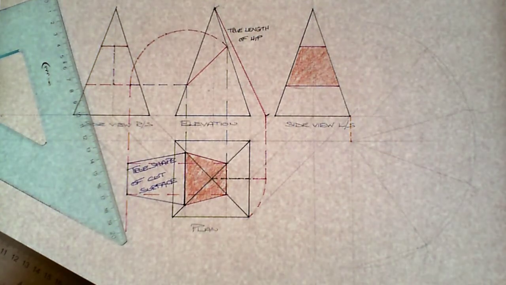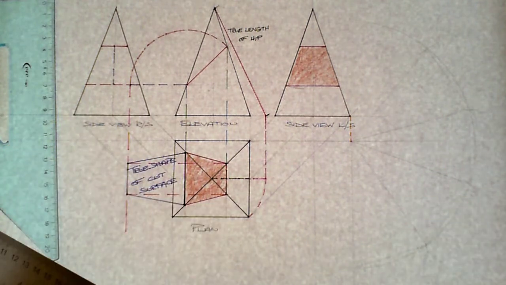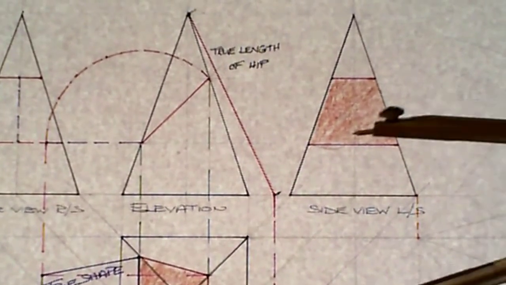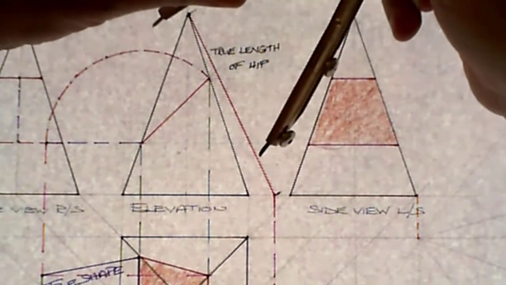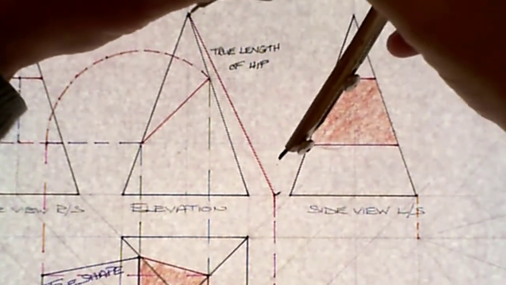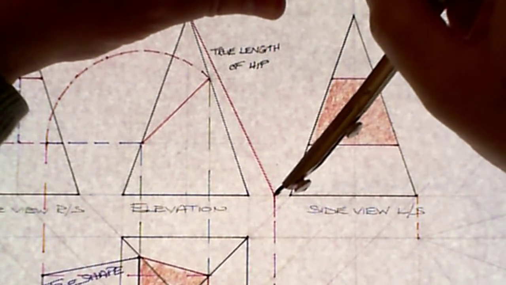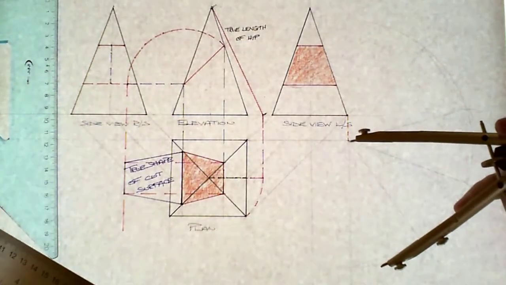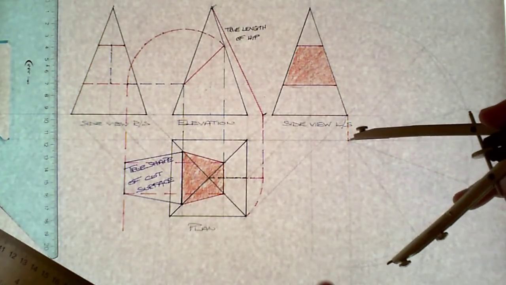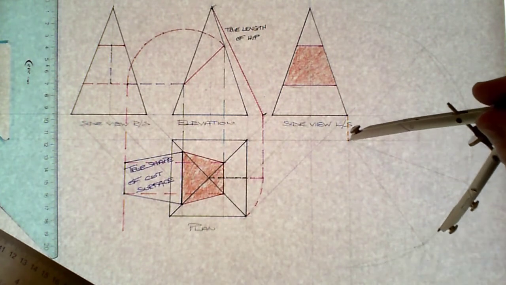Now what I'm going to do is get the true length of the hip. So that distance, and I'm going to put it on that point there. I'm bringing a vertical line down and I'm simply going to swing that around.